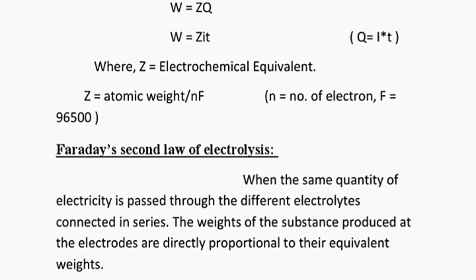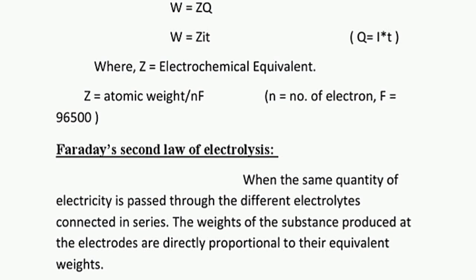What this directly means is that, let's say you had Cu2+ that was supposed to be discharged. So Cu2+ will have to gain 2 electrons to become an atom, Cu, because it has 2 positive charges. It has to gain 2 negative charges to become neutral. Now, 1 mole of electrons is equal to 96,500 coulombs.